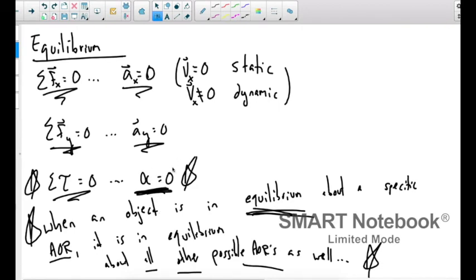This is really important for those of you who hope to go on to be engineers, like civil engineers. This is how bridges get designed and built, things like that. You really want your bridge to be in static equilibrium, both translationally and rotationally. If this is your bridge right here, you don't want this to become an axis of rotation and your bridge to start swiveling this way or that way.